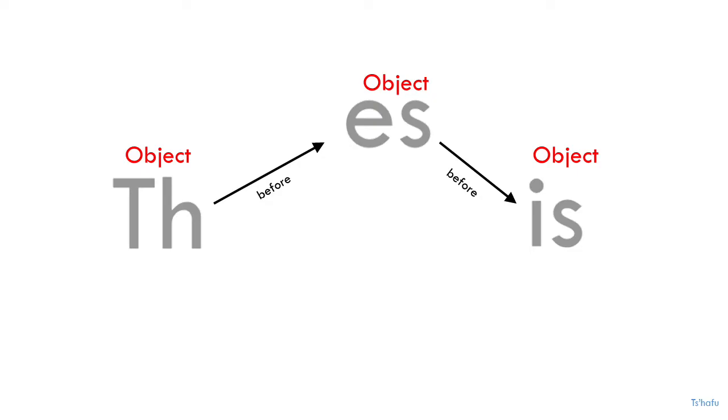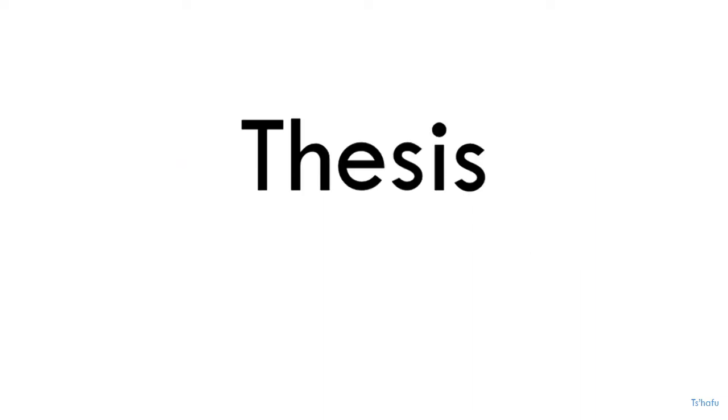Once we've specified the objects and the relationships, it allows us to bring the thesis back together, but understand precisely the parts that make it up. Essentially, any argument we can break into these two components, objects and relationships. That is the big takeaway for today's video.